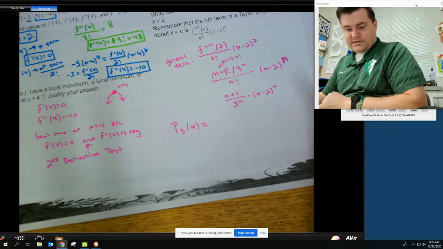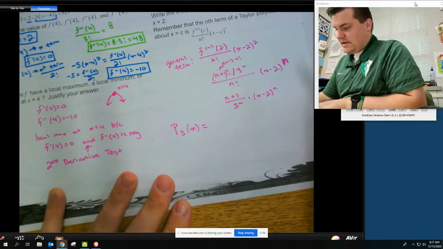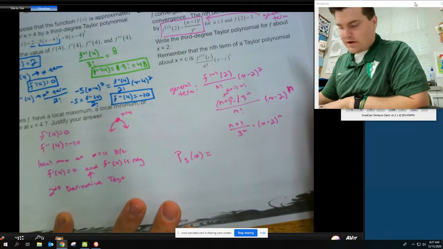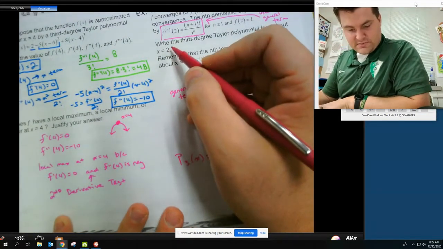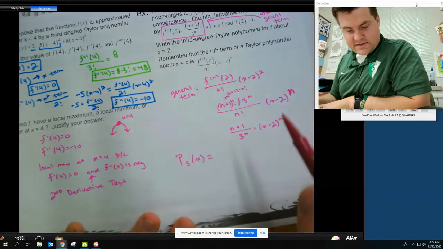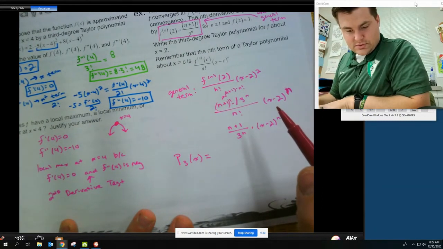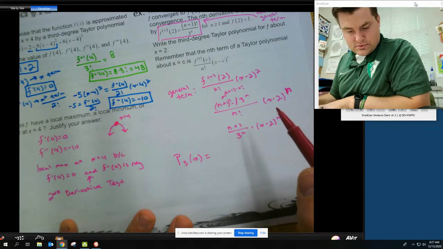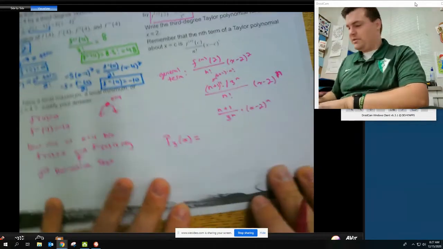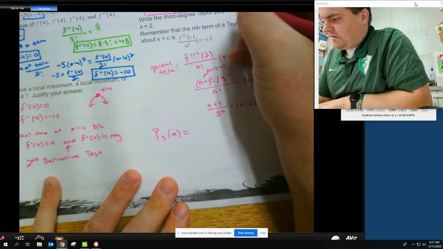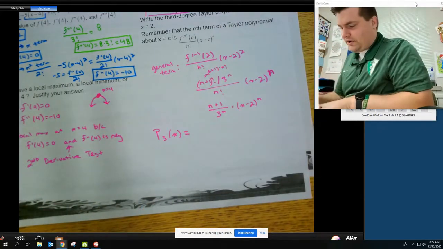Sorry, I'm just rereading the problem here, making sure that I am not missing anything that I need to tell you. Yeah. So for this third degree polynomial, f of 2, that's what I was looking for. Where do we know that? Okay, so f of 2 is 1. That's great.